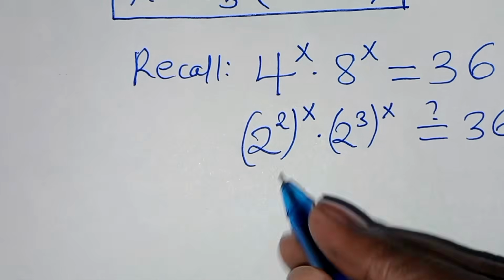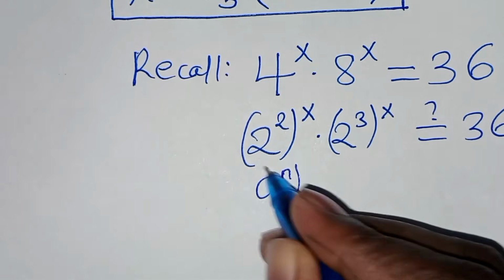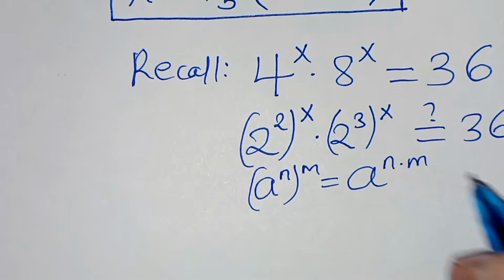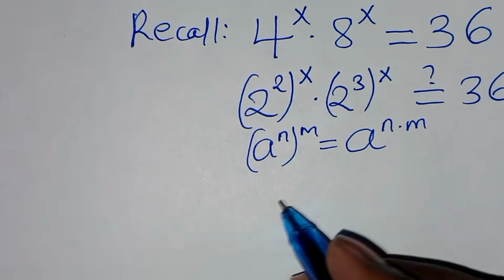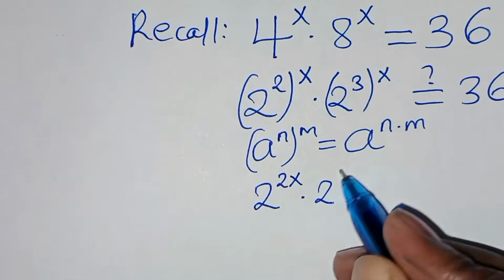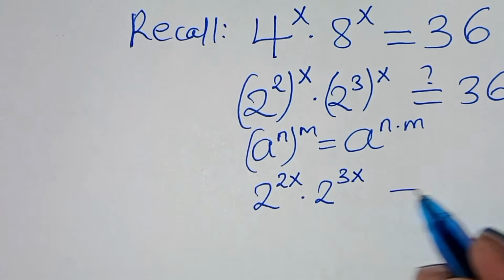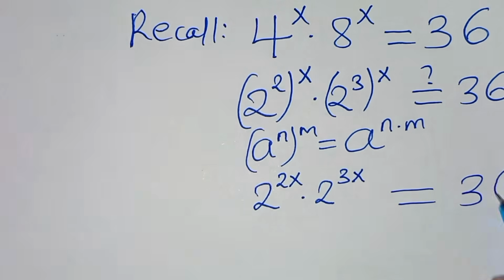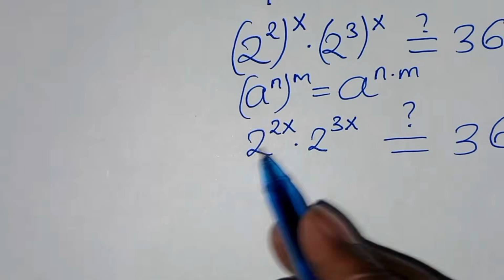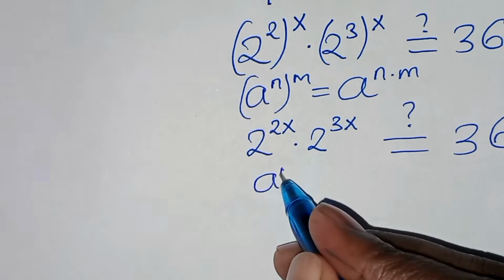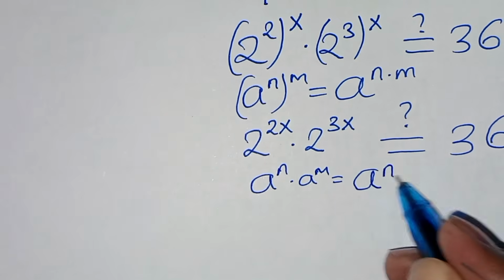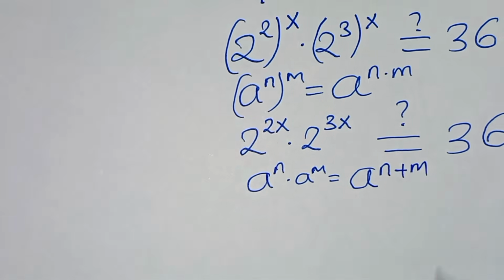Now, this is actually in the form of a to power n raised to power m, which we can express as a to power n times m. And therefore, here we have 2 to power 2x multiplied by 2 to power 3x. And this should give us a value of 36. So this implies that here, this is in the form of a to power n times a to power m, which we can express as a to power n plus m.